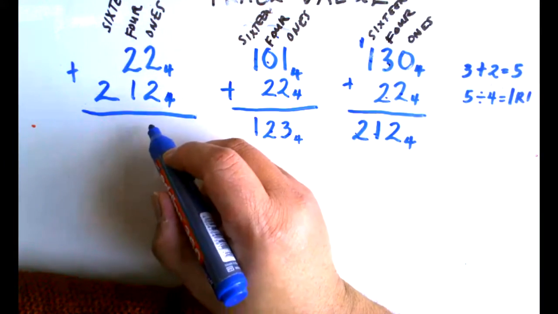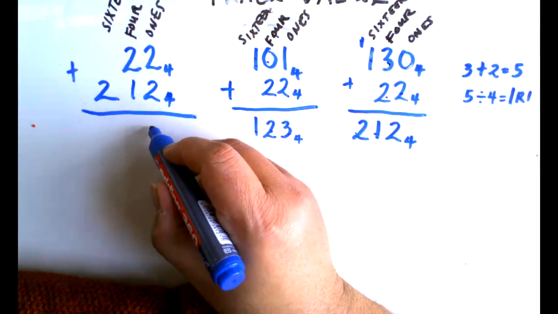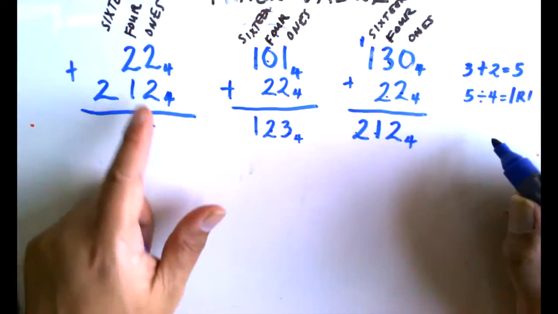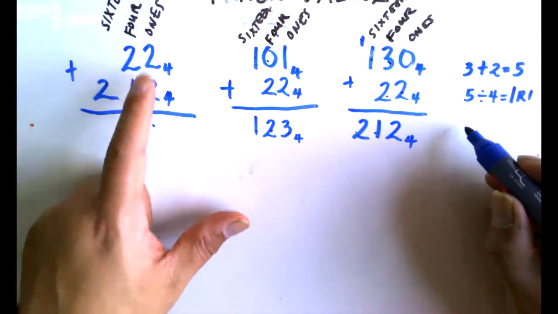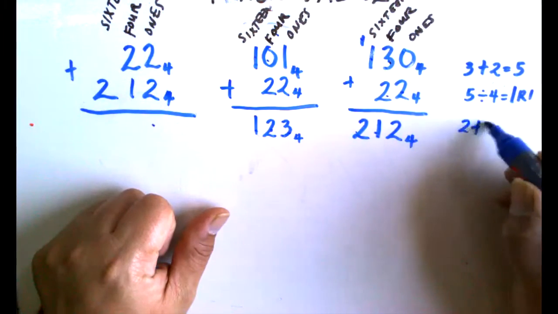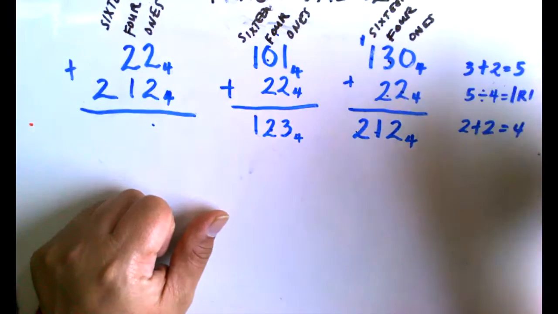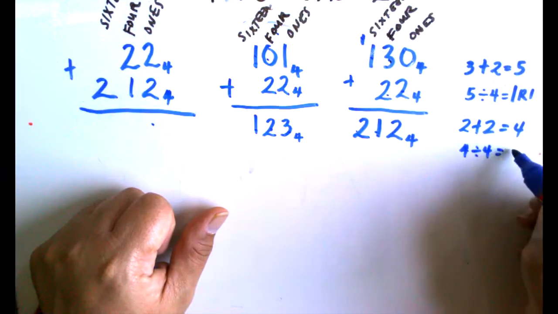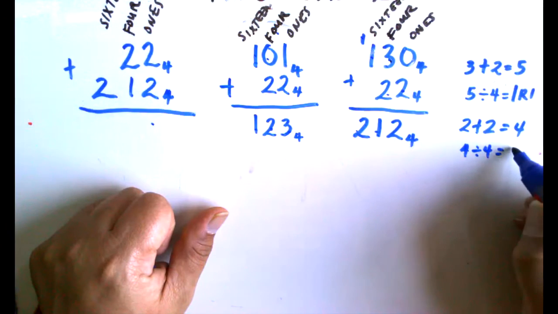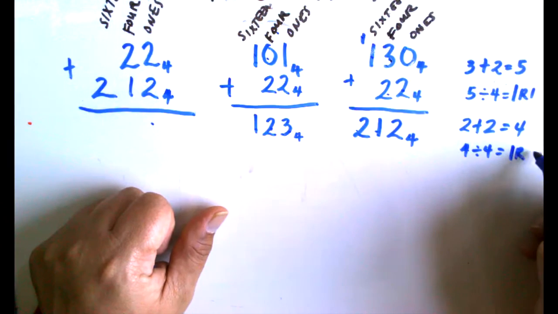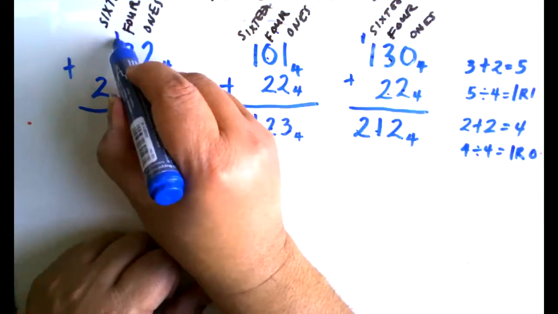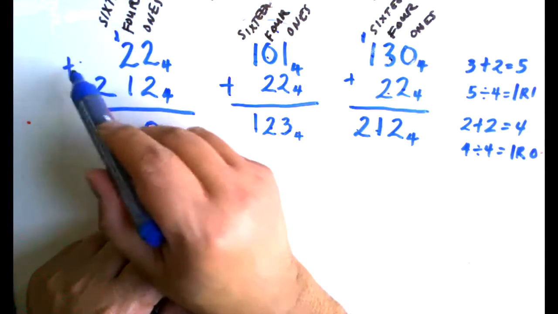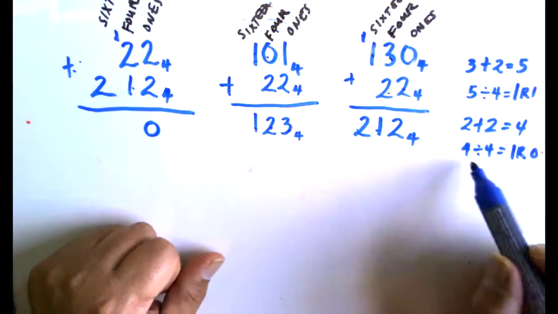So we have to ask, how many 4s go into 4? The answer is 1, remainder 0. So here 1, remainder 0. Now we have to add 1 plus 2 plus 1, which is also 4.